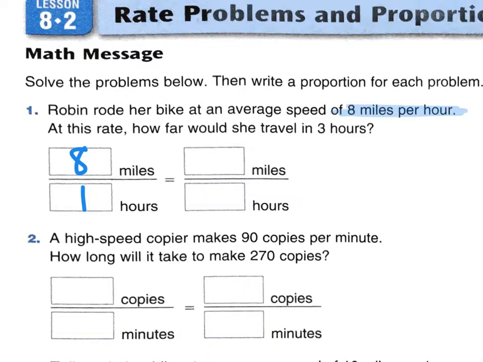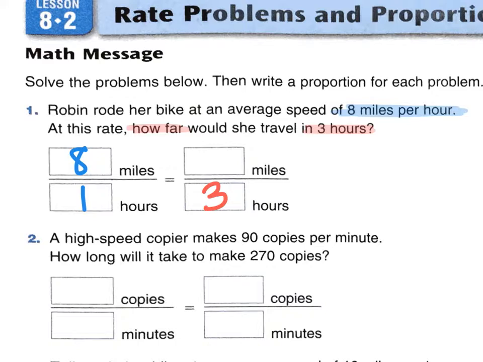All right. At this rate, how far would she travel in 3 hours? So now highlighting this, we don't know how far, but we do know that it's taking her 3 hours. So we're going to put 3 for hours. And then right now, our missing is miles. So we need to figure out how we could make these equal.